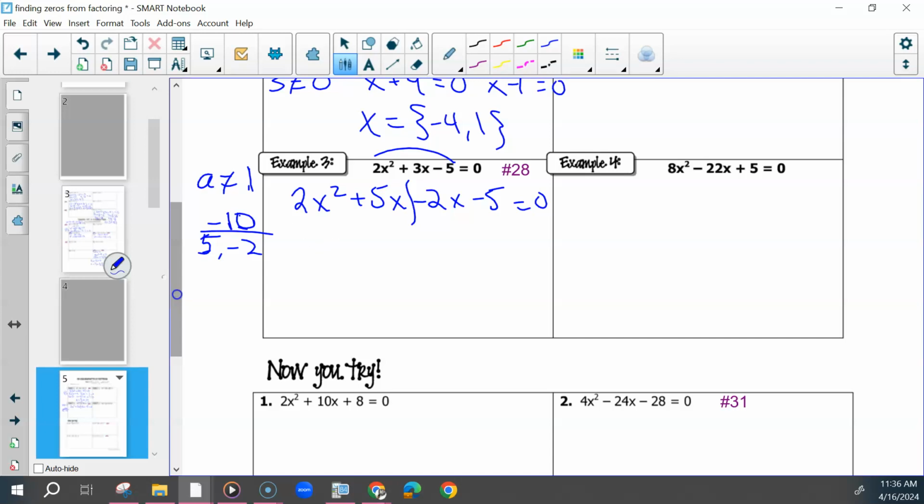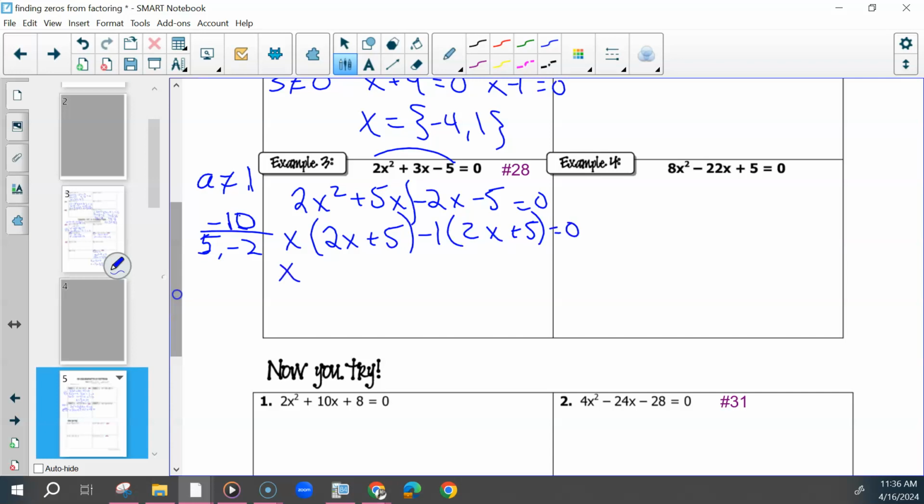If you put the 2's together, it would be 2, but in my case, it would just be x, leaving 2x plus 5. And then GCF of my last 2, negative 1. If you put the 5's together, then it would have been negative 5. Which will leave us with the 2x plus 5.